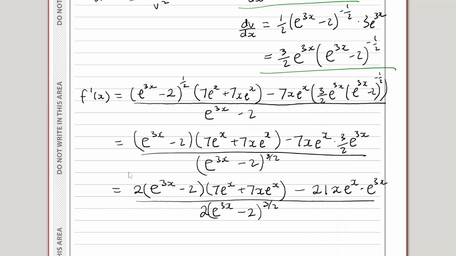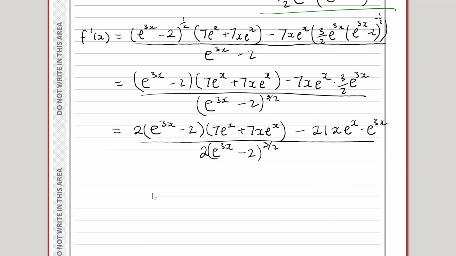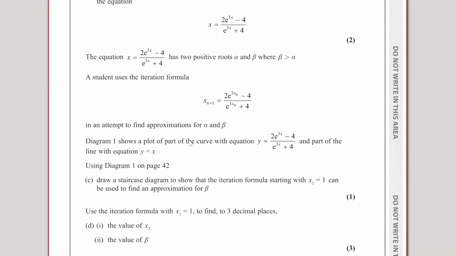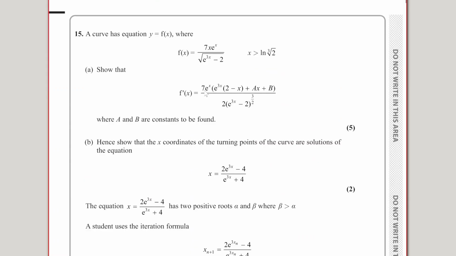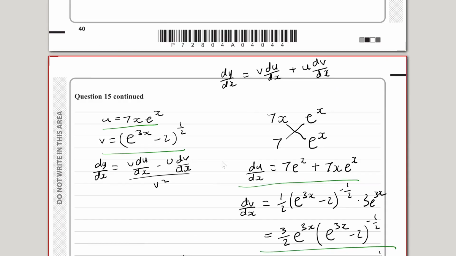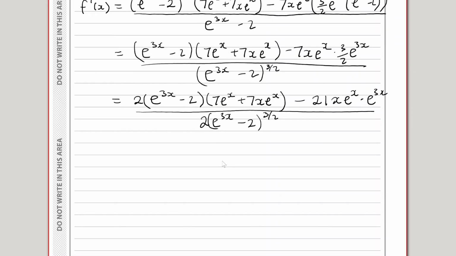My numerator still isn't though. So we want probably to expand these brackets. I think, so for the numerator, we're factorizing out 7e^x. Let's try and do that first. So 7e^x comes out of this bracket. 7e^x is there as well. So I'm going to take it out of this bracket here. 7e^x is coming out of here.